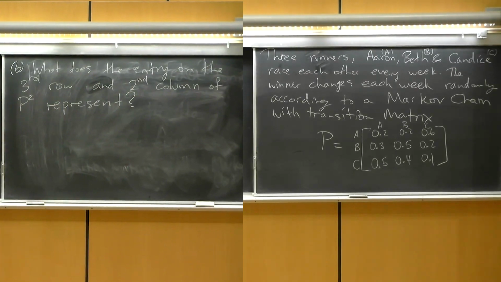So P squared is the matrix P times P, doing matrix multiplication. We haven't really talked about this, so if this seems tough, that's probably why.